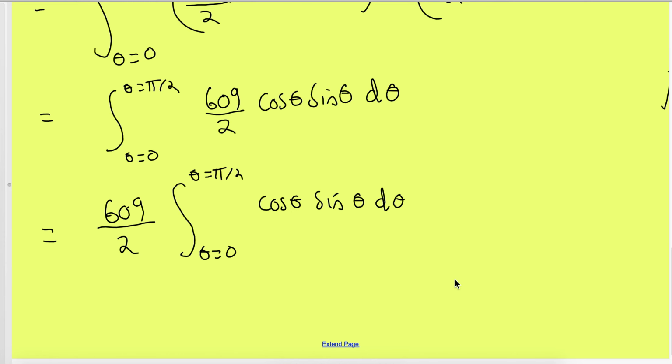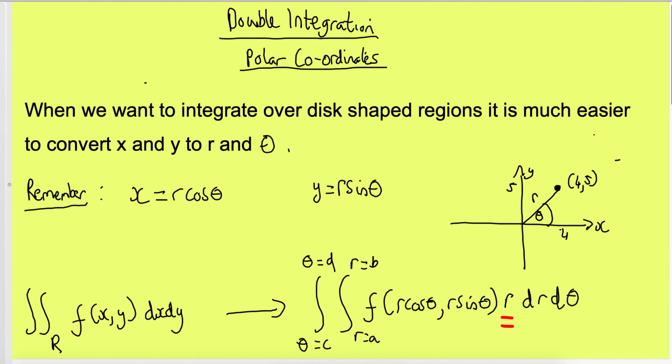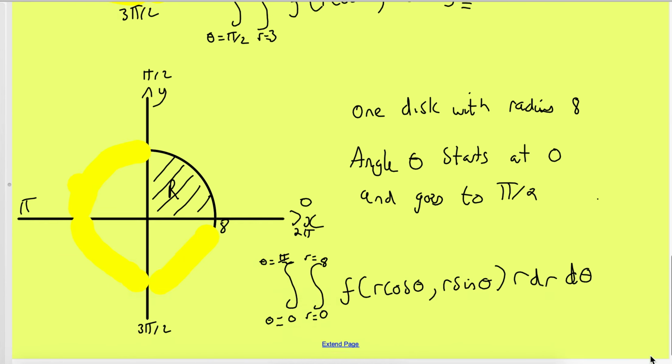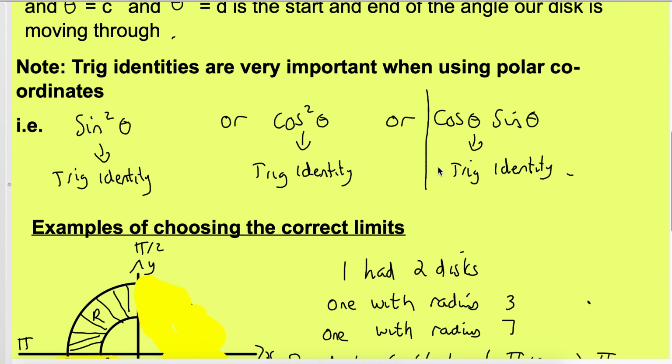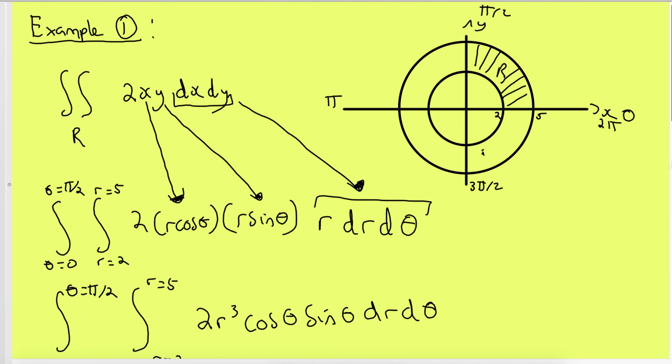Right, now, I don't know how to integrate cos theta sine theta, but if you notice what I said earlier, cos theta sine theta is one of these terms that I can only integrate using a trig identity. So, let's go find out what that identity is.